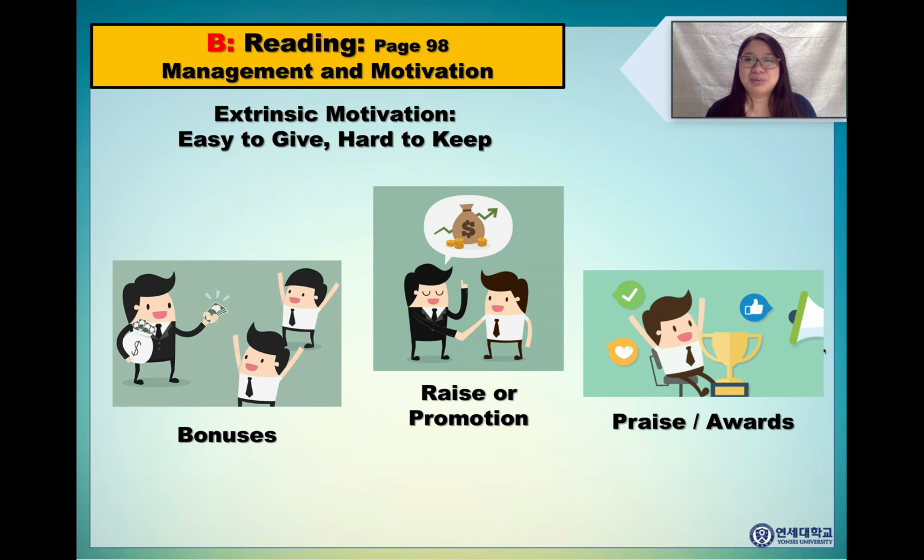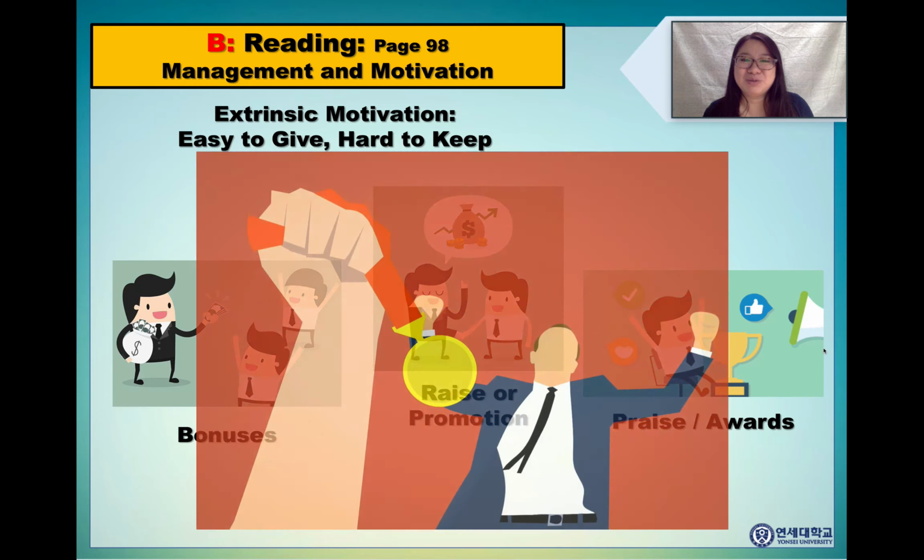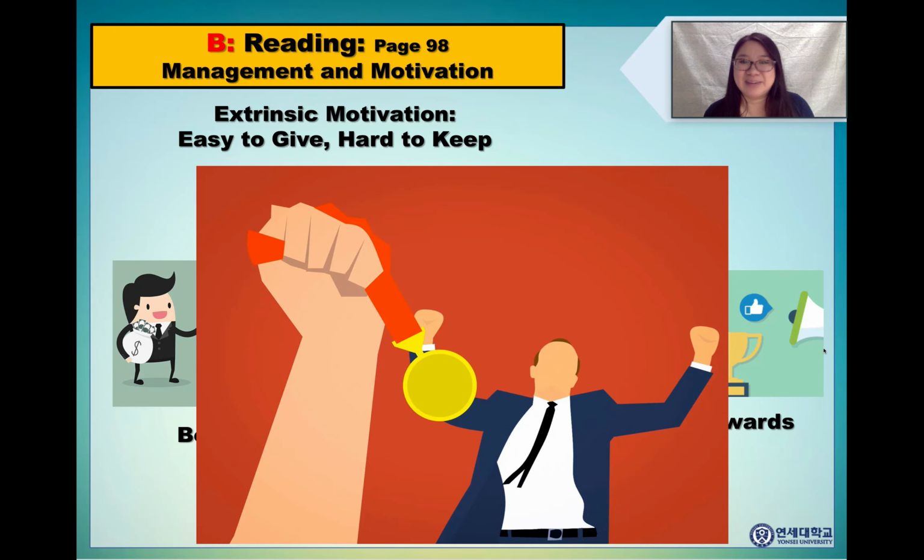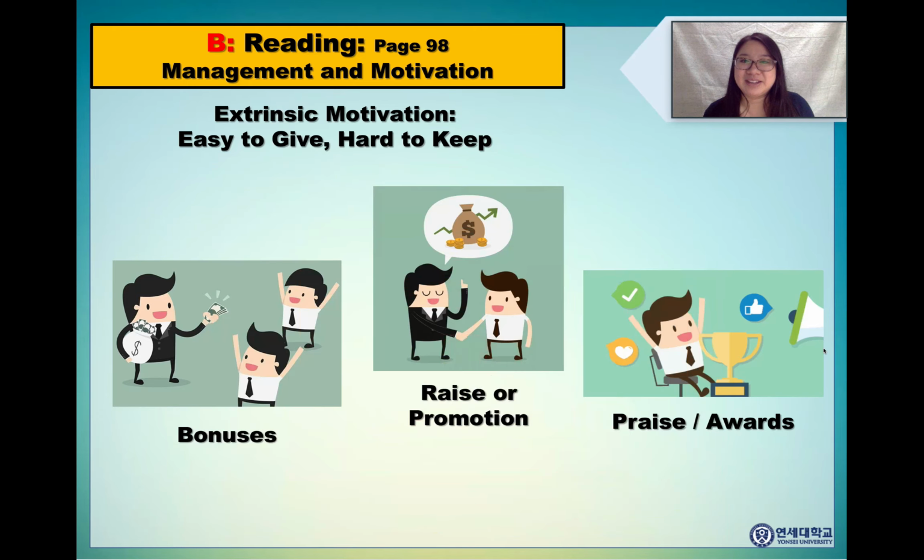Or giving them praise or even an award like Employee of the Month or a cash prize or a nice gift. The problem with these extrinsic motivators is that they feel really amazing when you get them, but then they quickly disappear. And then the employee is feeling very unmotivated again.